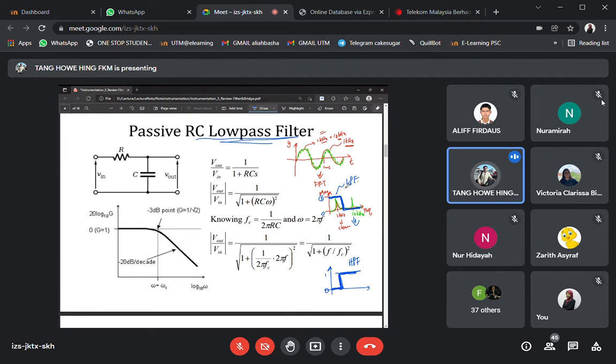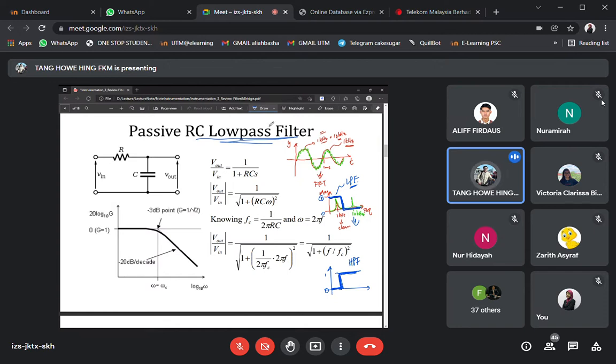The main use of the low-pass filter is that it preserves the low-frequency components and removes all the high-frequency components. So if your noise is in the high-frequency region, we need to use a low-pass filter in order to remove the high-frequency noise.